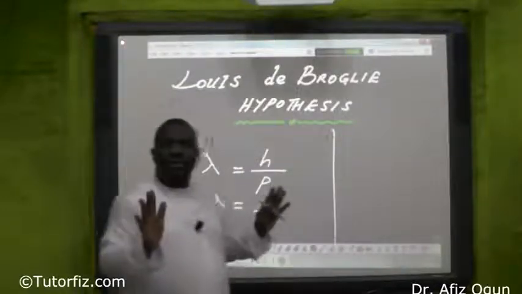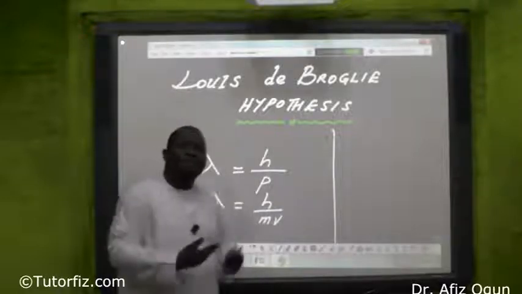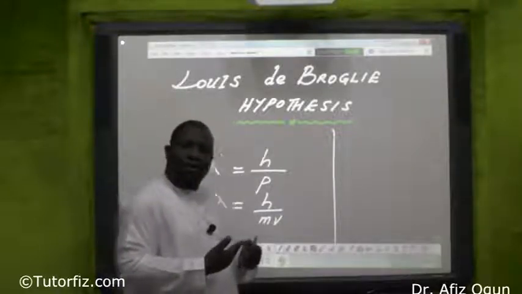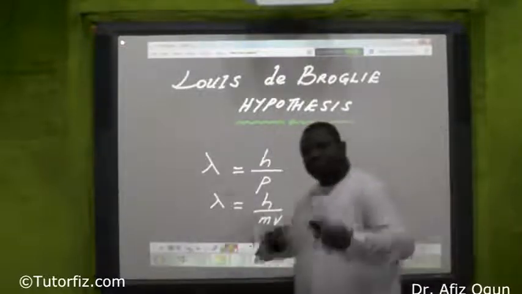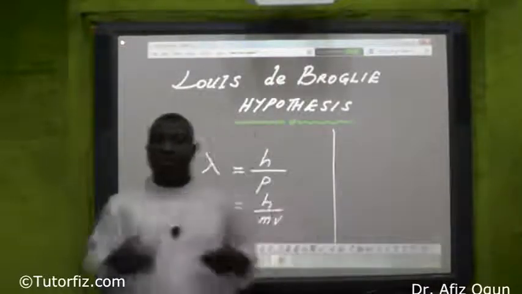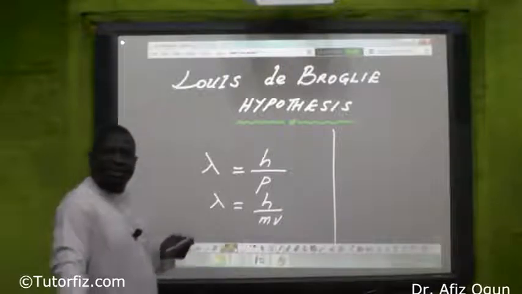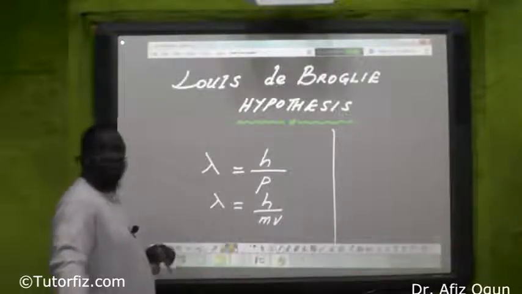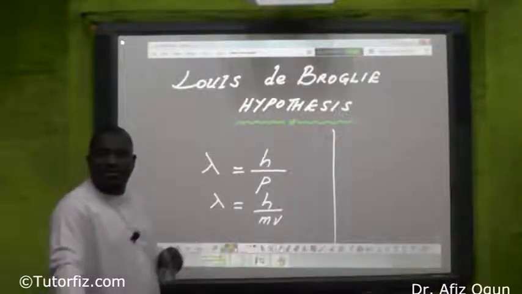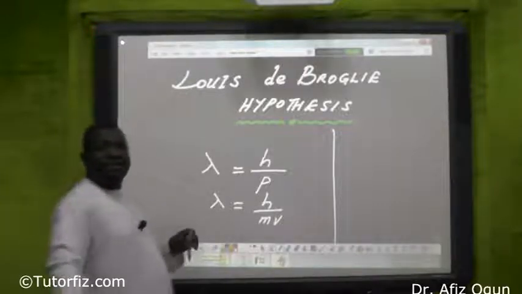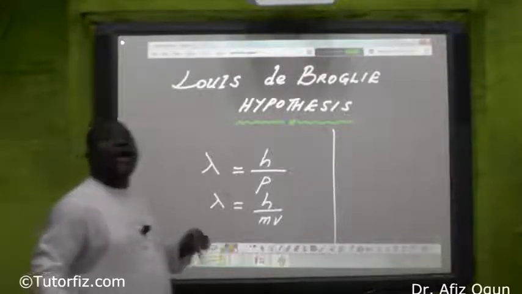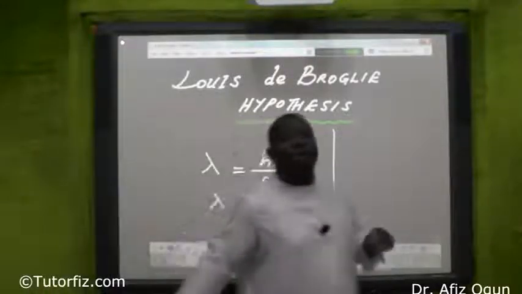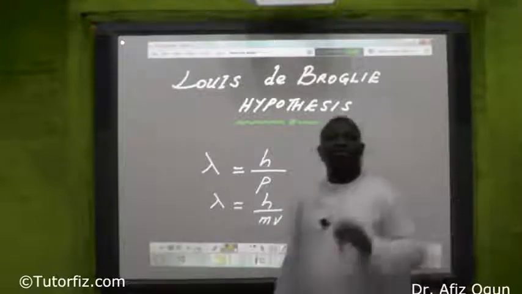Not only them; when the hypothesis came up from Mr. de Broglie, many scientists started researching and researching until the first duo, Mr. Clinton Davisson and Germer, were able to experimentally confirm the hypothesis of Mr. de Broglie.